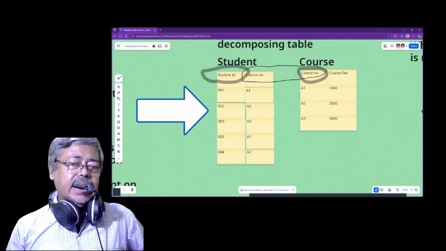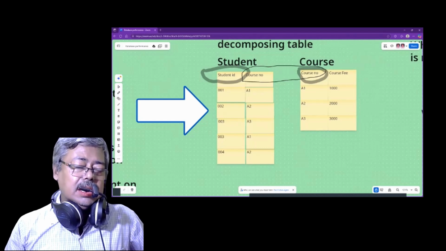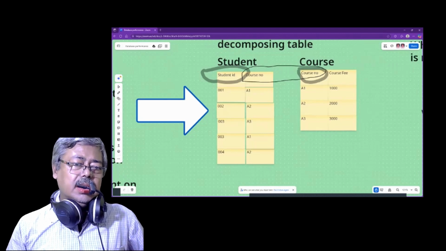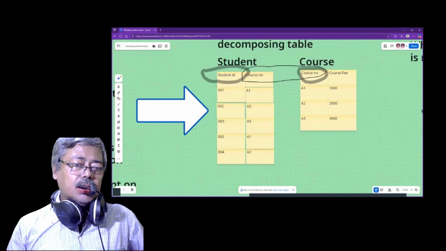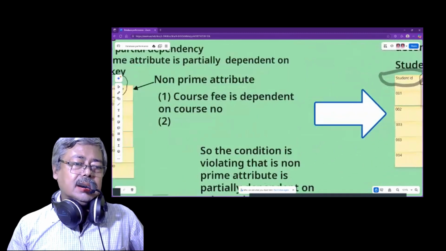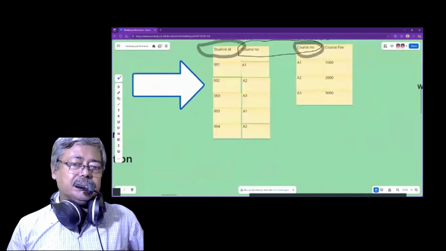One common key is there, that is course number, and this common key is used to join the information. Each table has its own primary key: student ID and course number. So this is the decomposition, and after decomposition the partial dependency is destroyed.